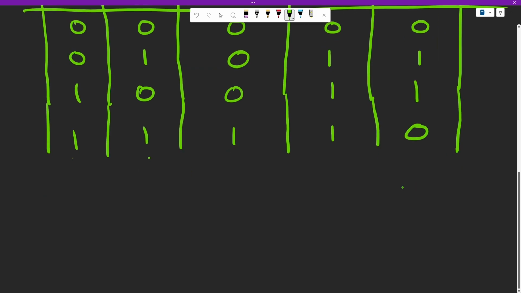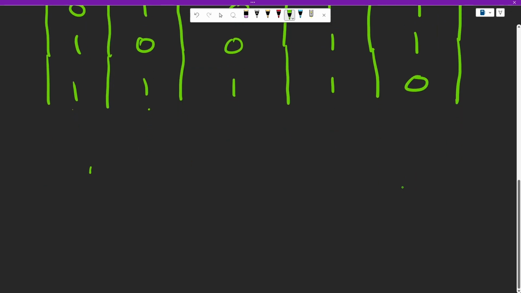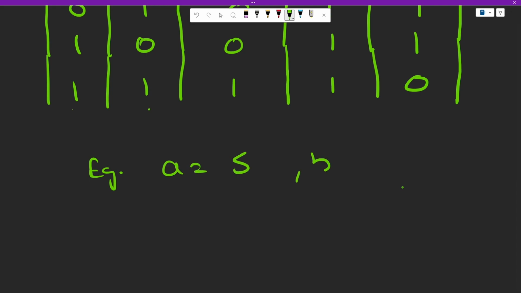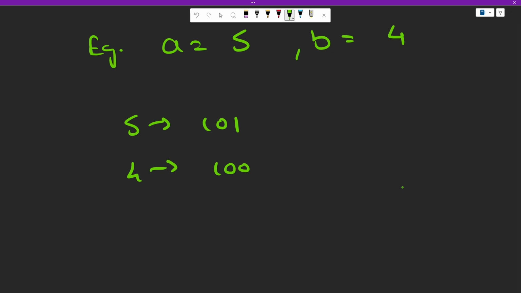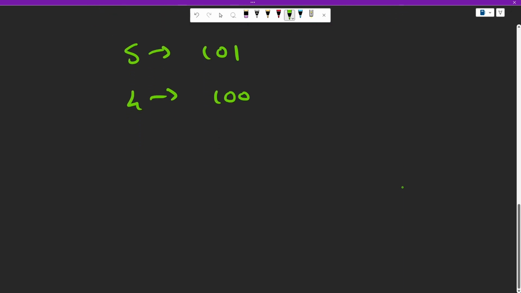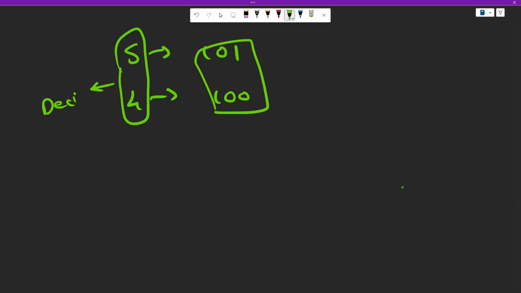Now let's see an example here. Let's say we have a equals 5 and b equals 4. Bitwise operations are performed at the bit level. So 5 will be represented as 101 and 4 will be represented as 100. This is the decimal representation and this is the binary representation.